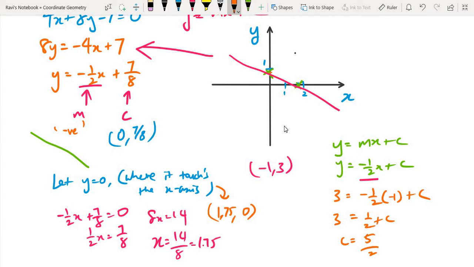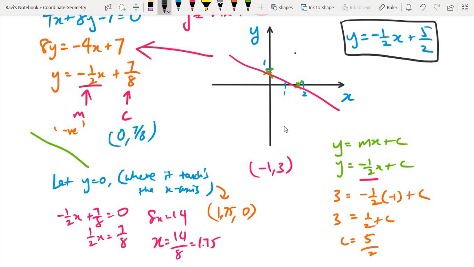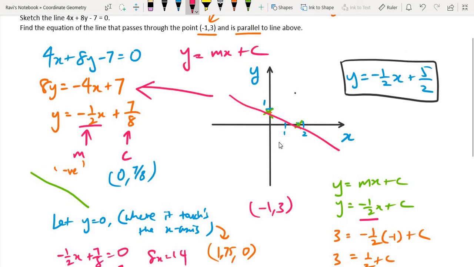Now that we have found c, we have the solution, which is y = negative half x plus 5 over 2. This is the equation of the line that passes through the point (-1, 3).